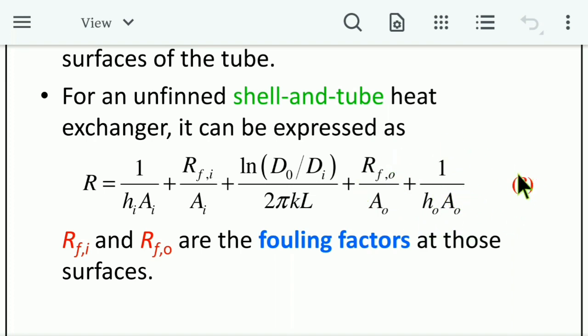This is equation 8. Here RFI is the fouling factor for inner and RFO is the fouling factor for outer, the fouling factors at those surfaces.